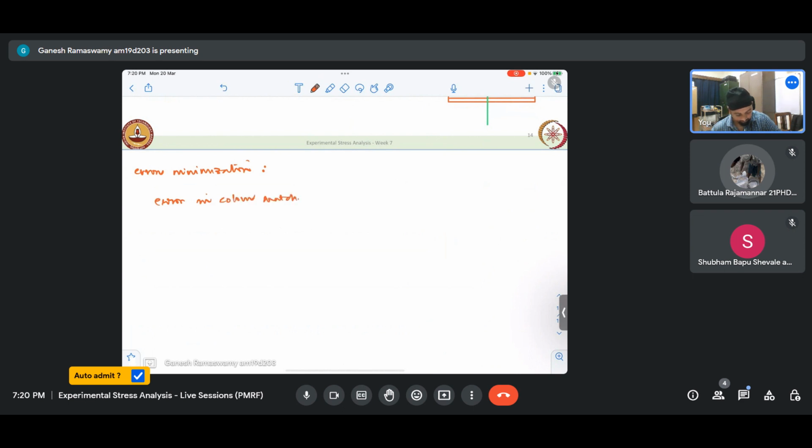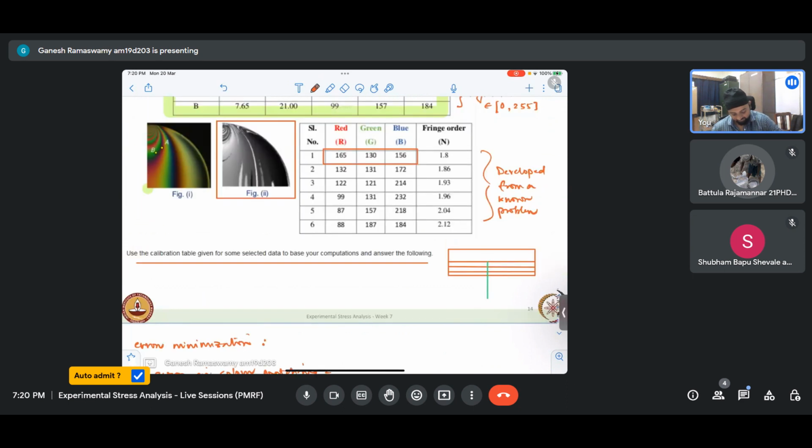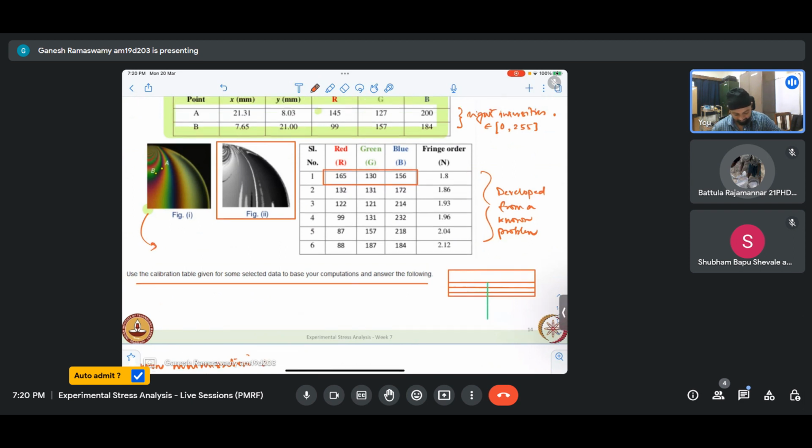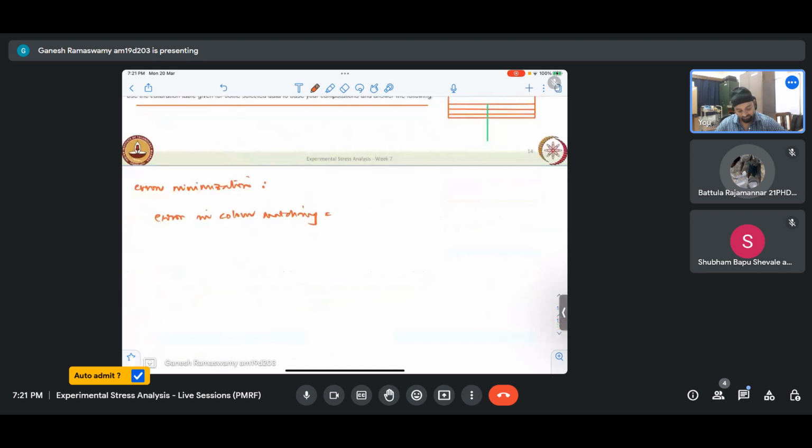Let us take this to be my application image. Everything pertaining to the application image, I will write the subscript A, and everything pertaining to the calibration image, I will write the subscript C. So it is nothing but the difference in color.